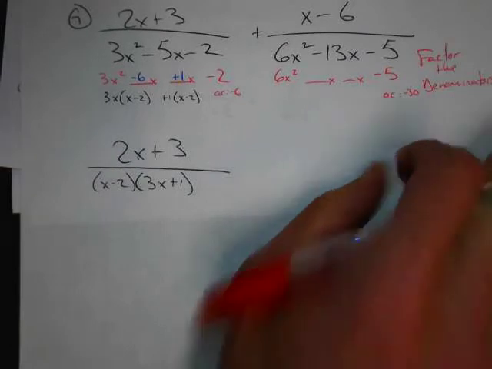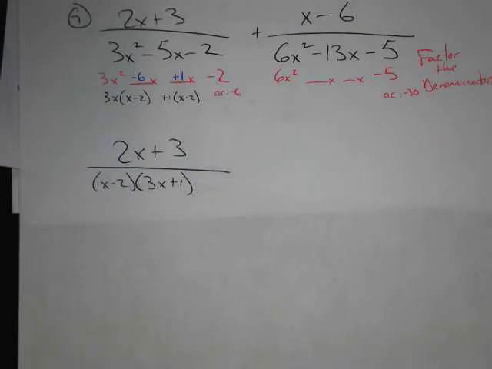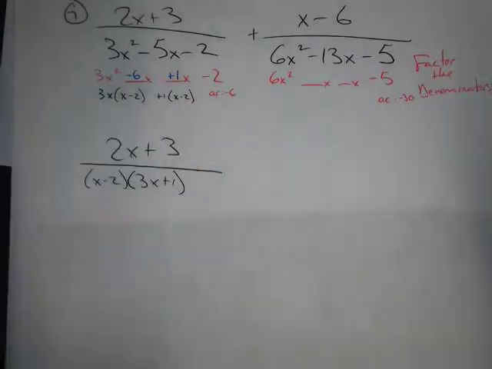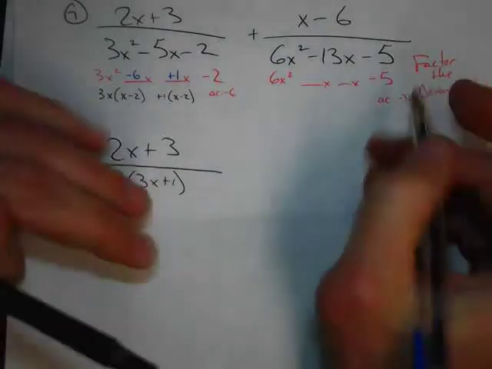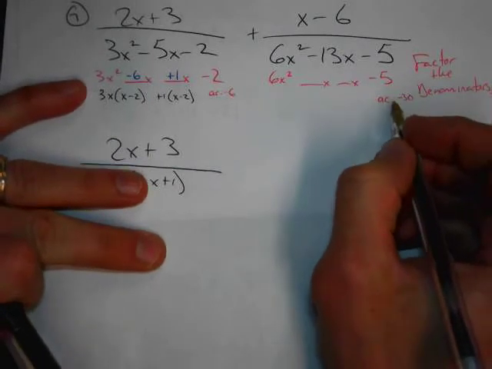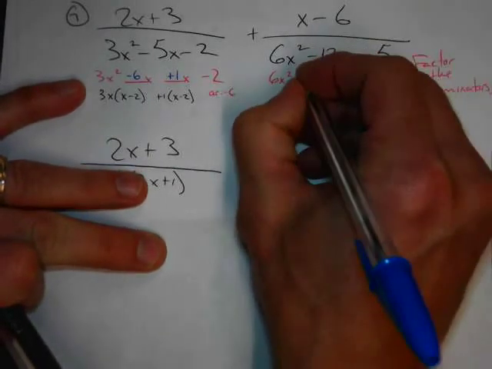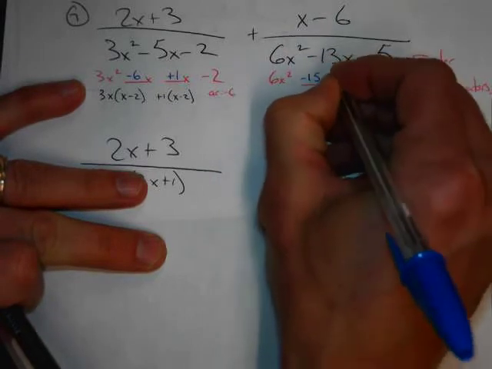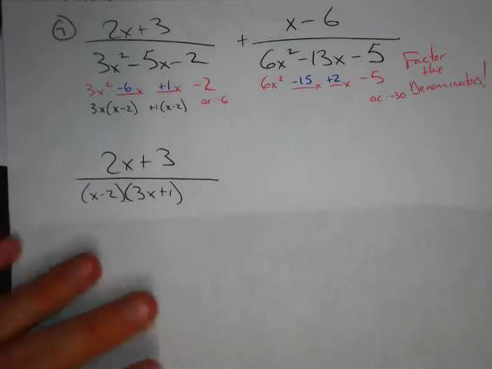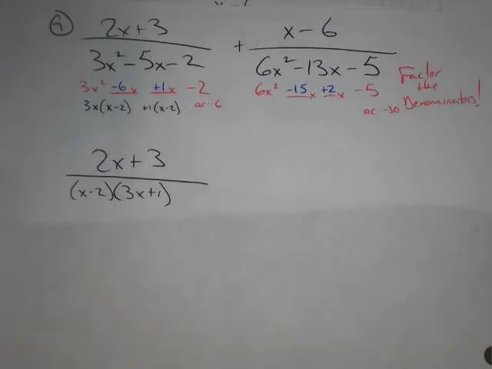Now, if your original guess is 3 and 10, you better check yourself before you wreck yourself, because we're dealing with a negative 30. That means one of the numbers is positive, the other is negative. So before you jump into 10 and 3, chill out. This is a negative 30. So we have to deal with 15 and 2, ladies and gentlemen. Minus 15, positive 2. Okay, so you have to be careful on that factoring step, okay? Check yourself before you wreck yourself.